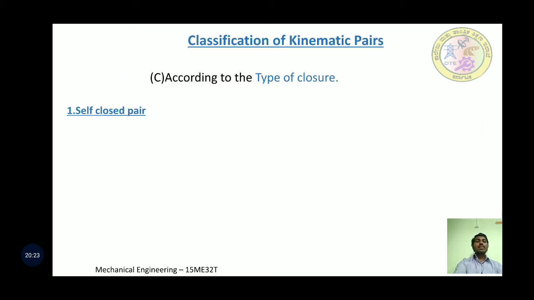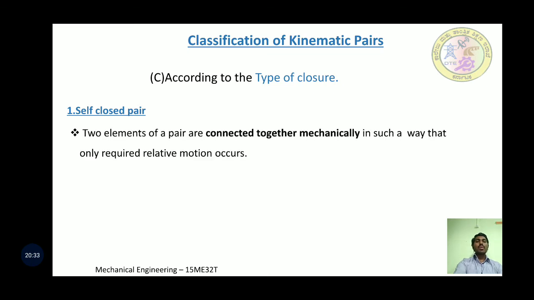Next, according to the type of closure, there are self-closed pair and force-closed pair. What is a self-closed pair? Two elements of a pair are connected together mechanically in such a way that only the required relative motion occurs, it is called a self-closed pair.